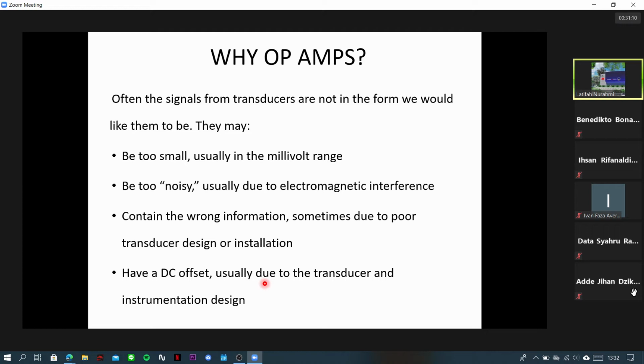Well, you remember in the previous meetings, we have discussed loading effect. So if we add more and more instruments, then it means you will have more and more gain to multiply, and we cannot reject the offset coming from the worse instrumentation design.